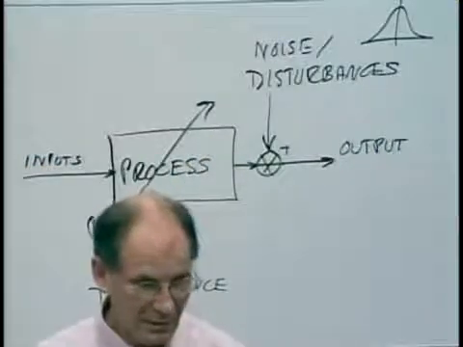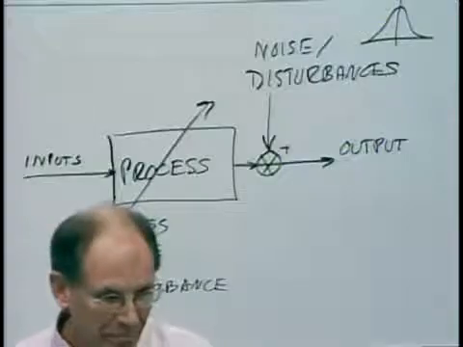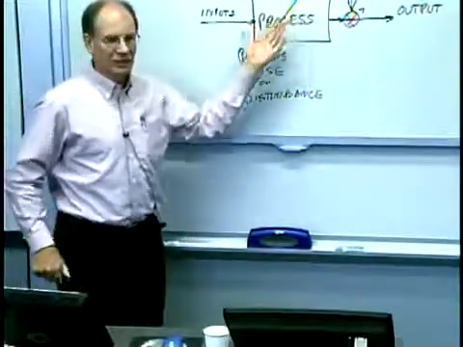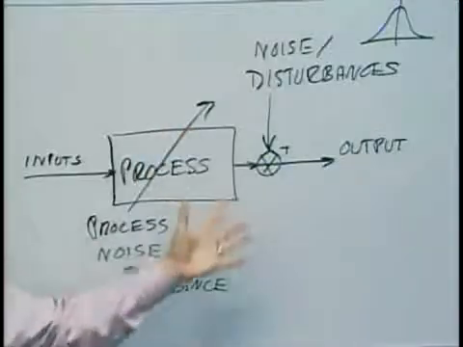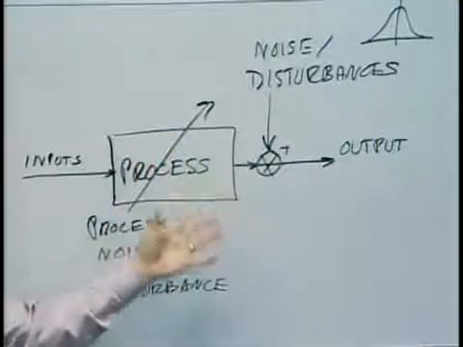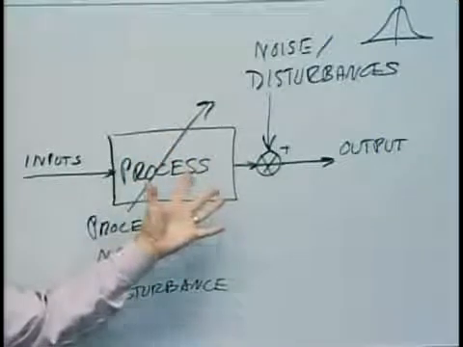Simon? If you say that temperature and material and everything are process noises, what examples do you have for the noise disturbances? Yeah, good question. I was going to ask you the same thing. I mean, everything we talked about when we talked about the process modeling had to be here.